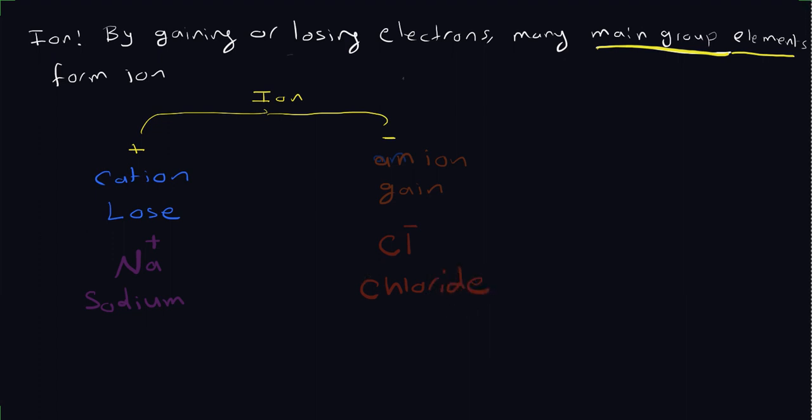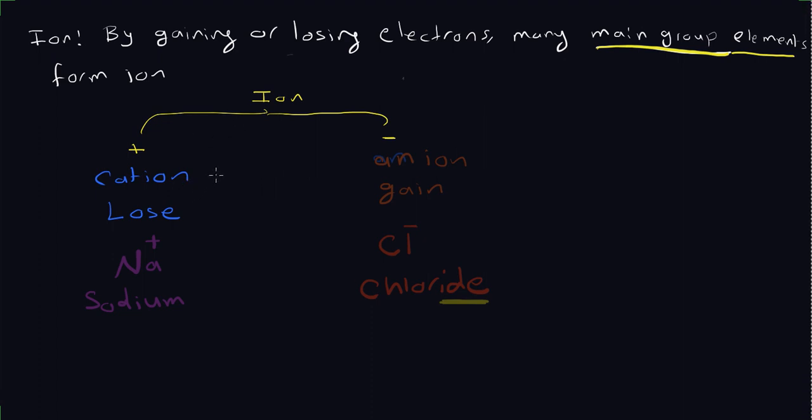Here you have the suffix -ide, which is commonly used for anions. So you can recognize monoatomic anions by -ide.